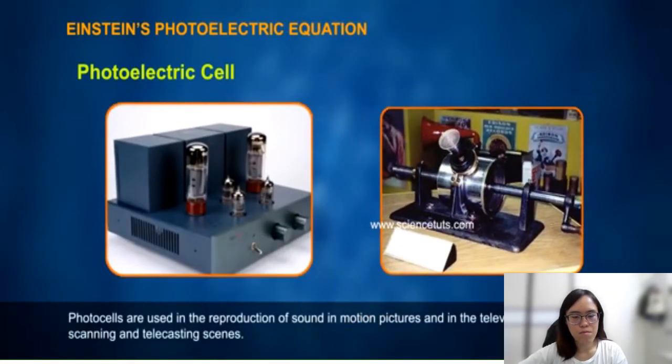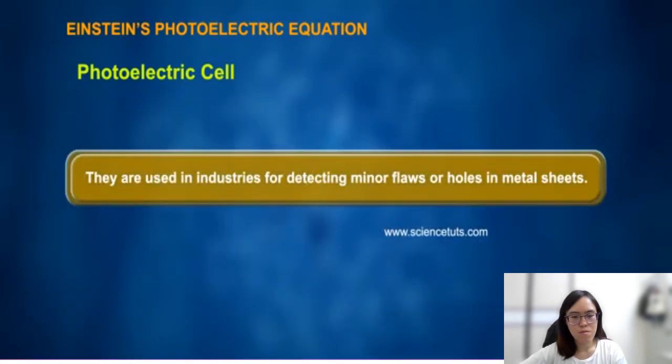Photocells are used in the reproduction of sound in motion pictures and in the television camera for scanning and telecasting scenes. They are used in industries for detecting minor flaws or holes in metal sheets.